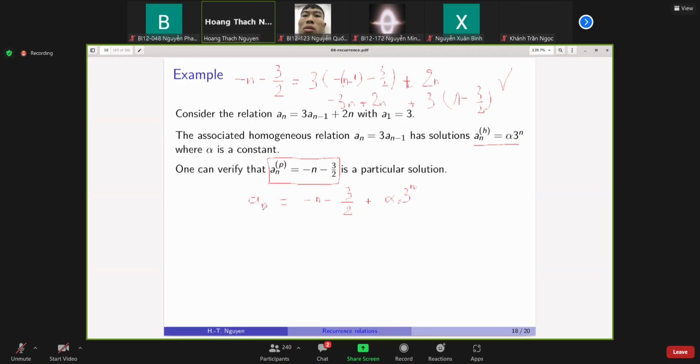We replace n with 1 here, and we will have minus 1 minus 3 halves plus 3 alpha is equal to a1, which is 3. And from this, can you help me to calculate alpha? What is alpha?